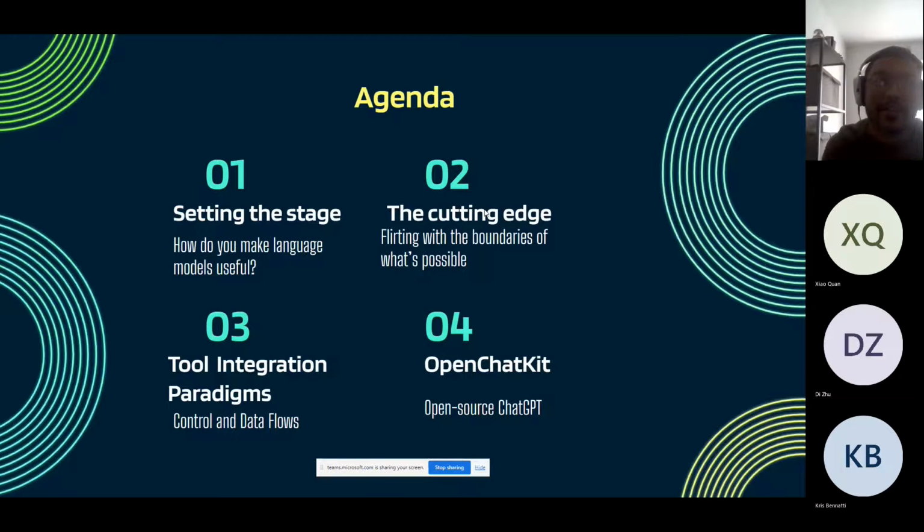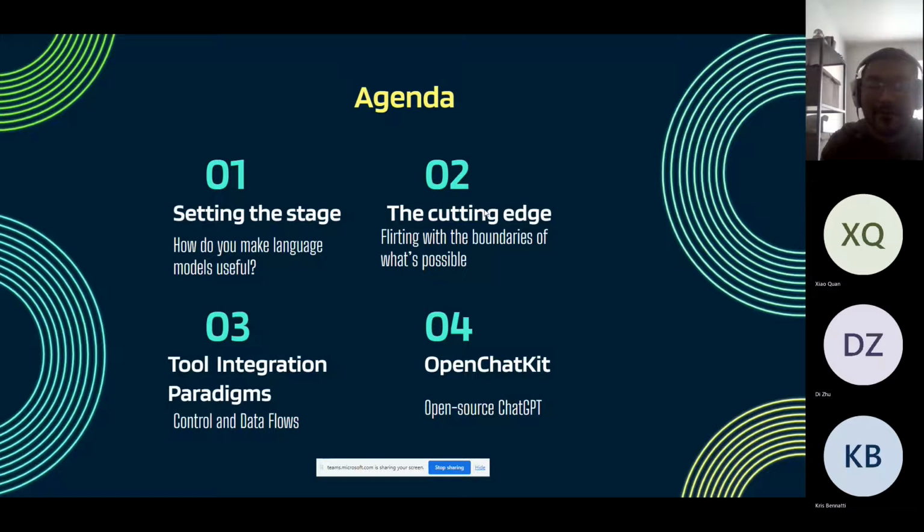So here's the agenda for today. At first, I'll provide a lay of the land, so to speak. What do we have out there? And then we'll try to push the boundaries of what is possible given today's capabilities of language models. We'll talk about the different ways in which you can integrate external tools with the language models.